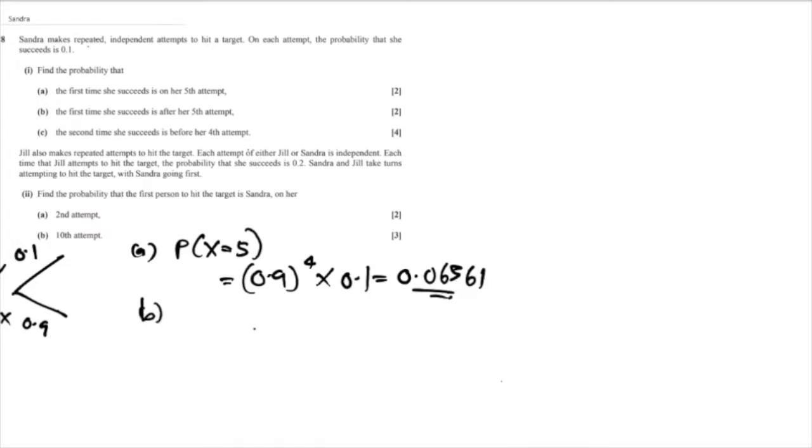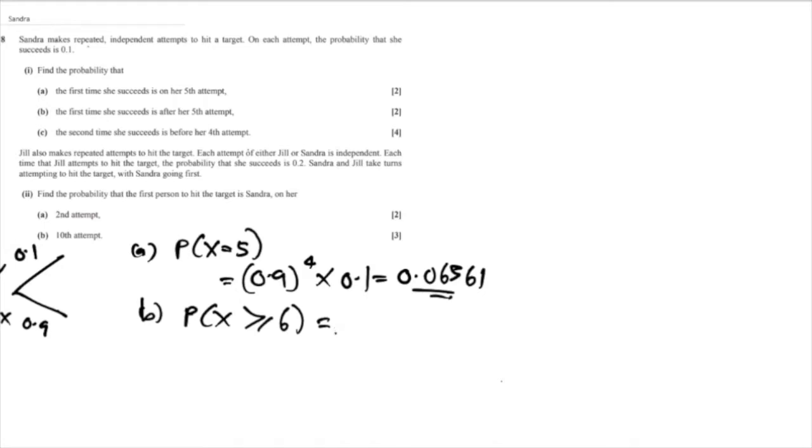Next, question B. The first time she succeeds is after her 5th attempt. Not the first attempt, not the second attempt, but after the 5th attempt. So P of X is greater than or equal to 6. If it's 6 or more, the first attempt that she hits is only on the 6th or 7th or 8th and so on.